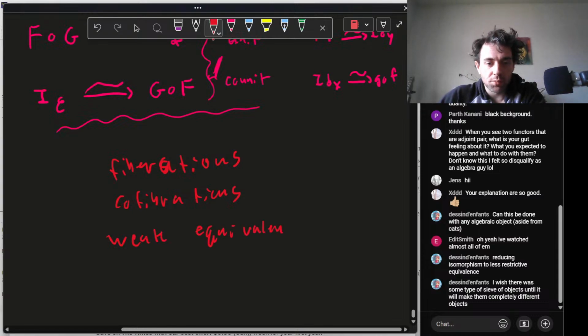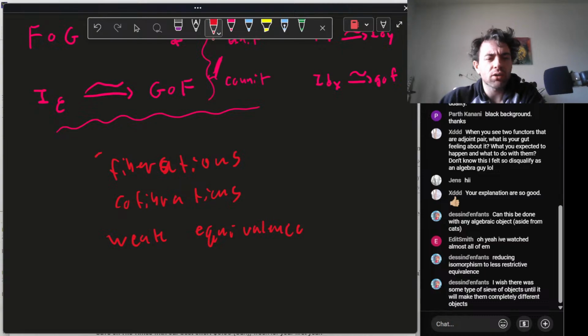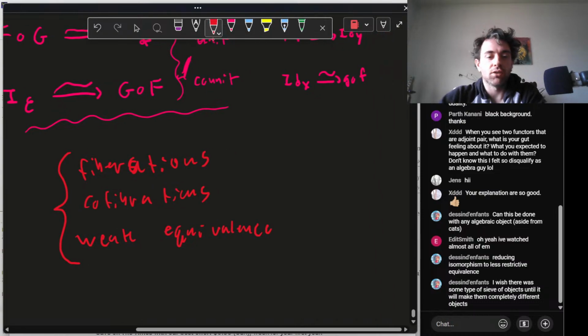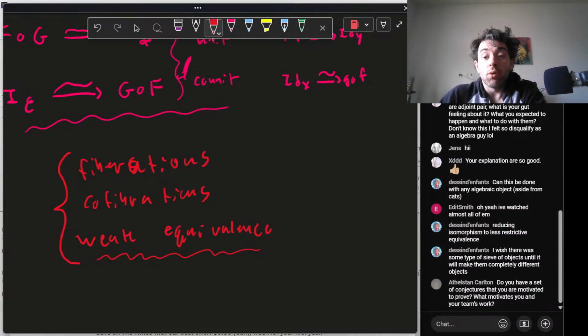If you happen to know what fibrations and cofibrations are in terms of topology, they don't have to literally be that. Maybe this is called a quasi-category. They satisfy some technical condition, and then the weak equivalences are the things that you want to force to be equivalences.